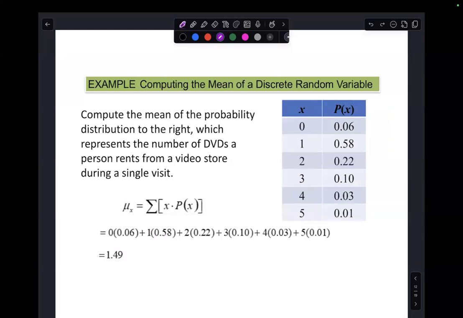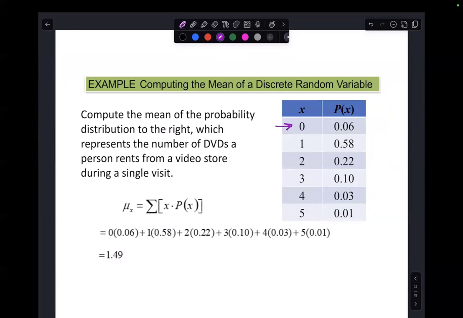The way that we calculate the mean of a discrete random variable is you take the outcome of your data, so my outcome is 0, and you multiply it by the probability of that happening. And you do that with each one.